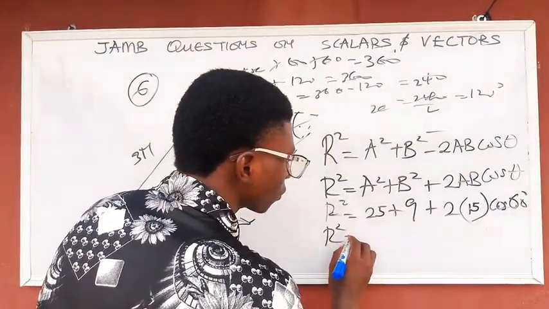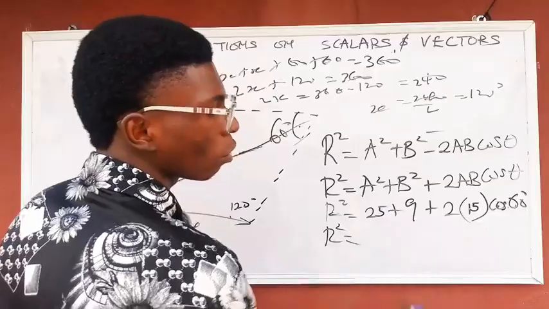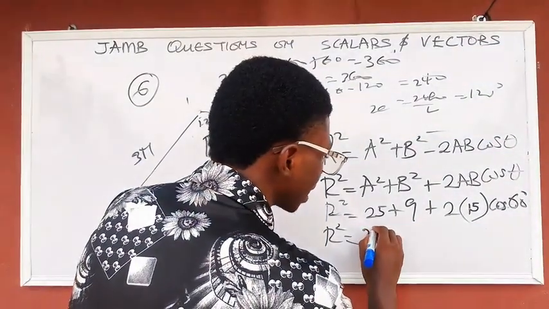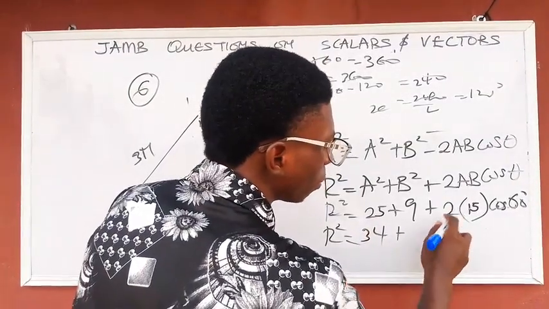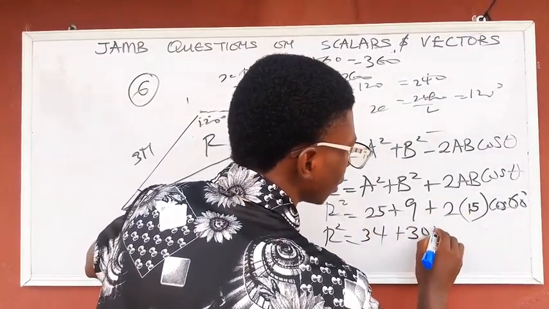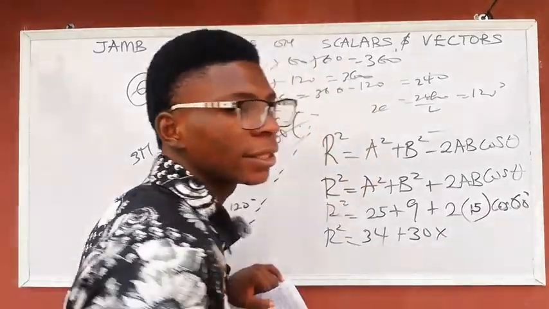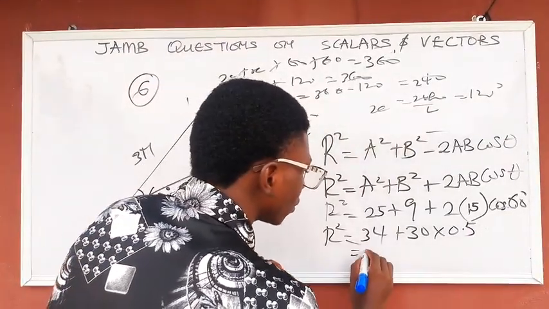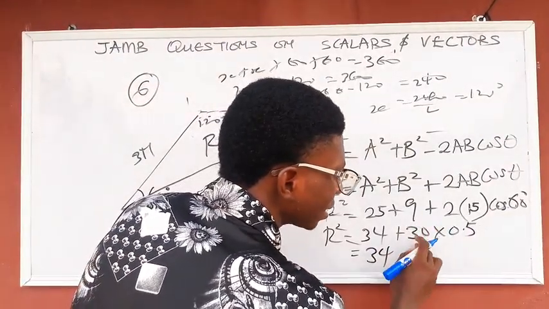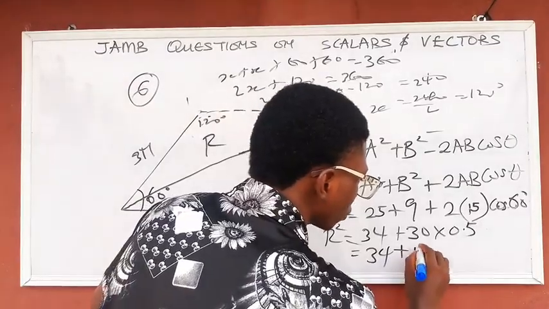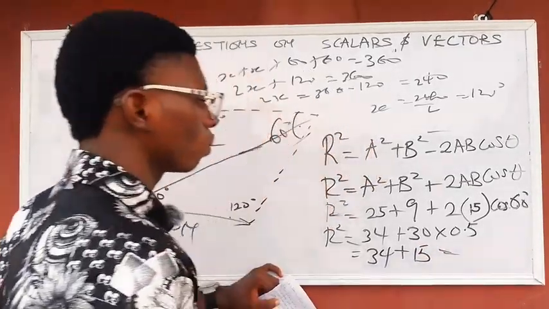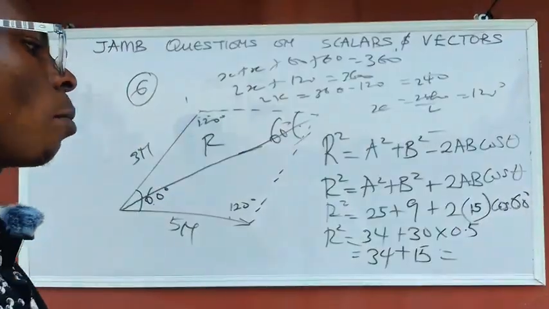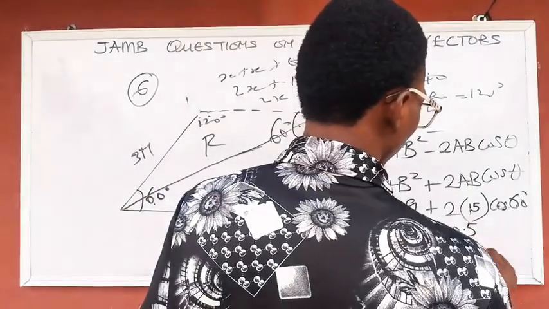R square will now be what? 25 plus 9. That's 34. Is that 34? Yes. Plus 30 times cos 60, which is 0.5. That will now be 34 plus 15, that will be 49.